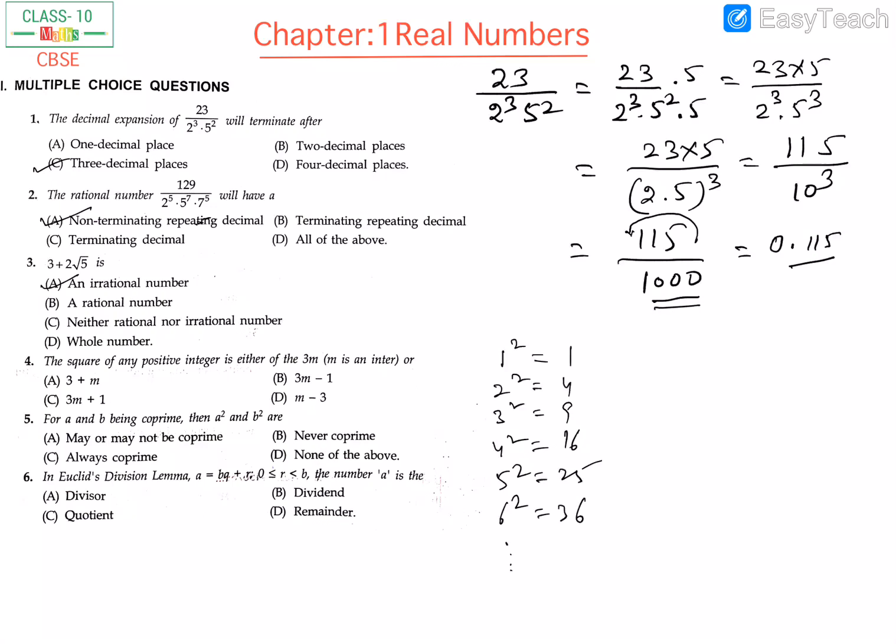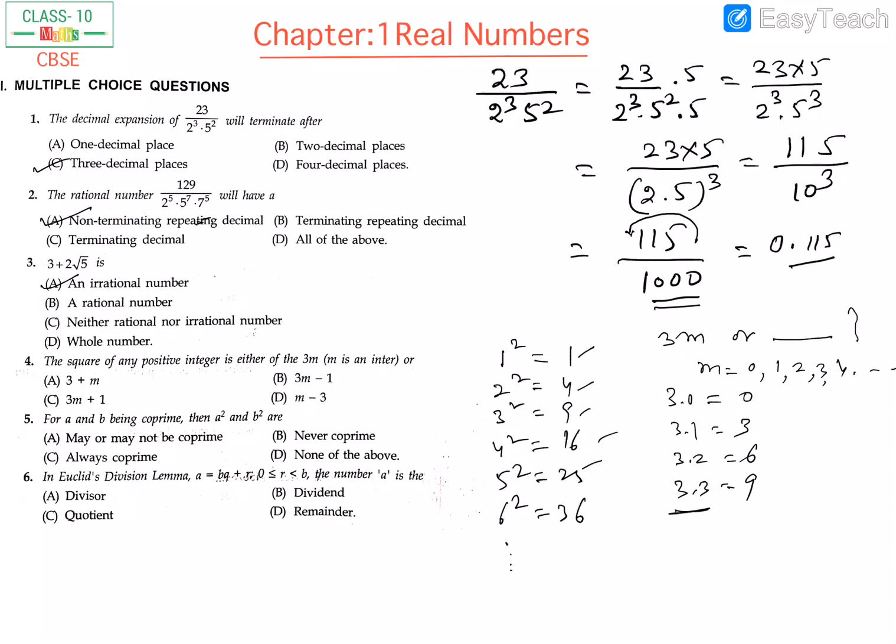Now we have to check whether these numbers have the form 3m or which other form. Clearly, if we take m as 0, 1, 2, 3, 4 like this, we get 3 into 0, that is 0, 3 into 1, this is 3, 3 into 2 is 6, 3 into 3 is 9.